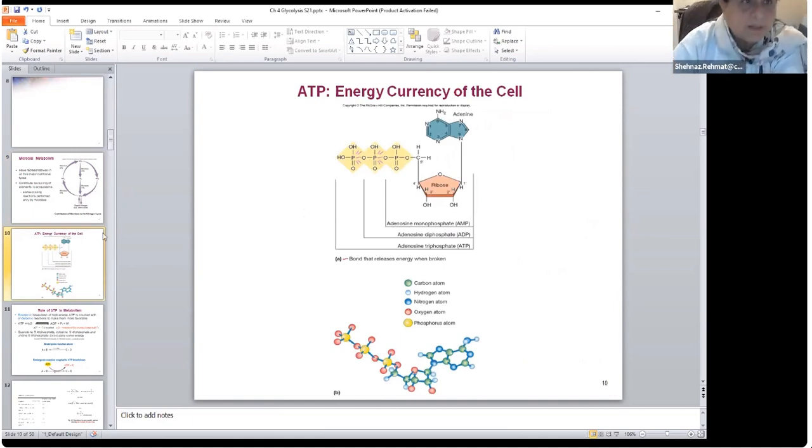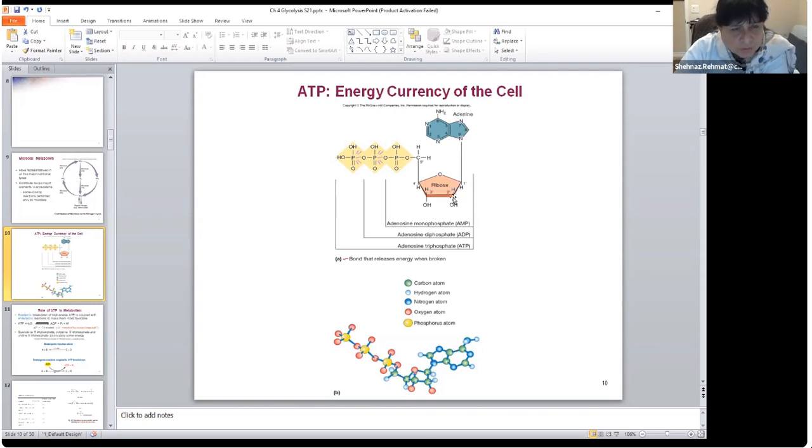So let's talk a little bit about ATP. You've heard of the ATP and you have probably understood it very well. Just to recap for you, ATP is considered to be the energy currency of the cell, which will drive a lot of reactions for us. And it is adenosine triphosphate. So adenosine is of course your nucleoside. The nucleoside always has the nitrogenous base and the sugar.